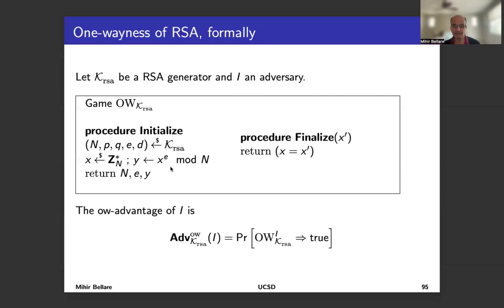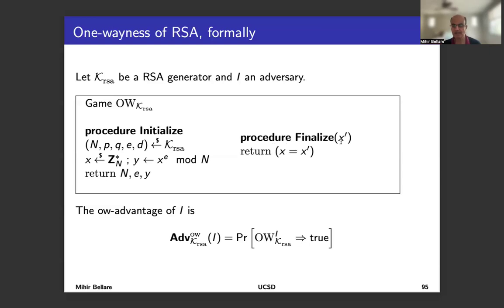That computes the f sub n,e function on x and gives the output y. What the adversary sees through the return statement is this challenge y, also the modulus, and also the encryption exponent. Notice that the primes and decryption exponent are never used, and they're certainly not given to the adversary.